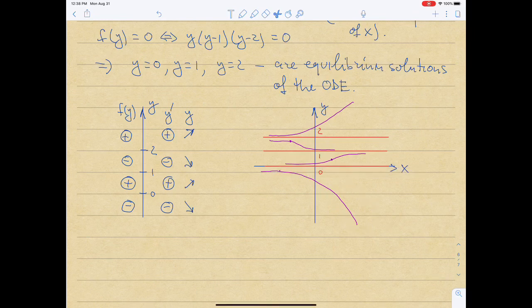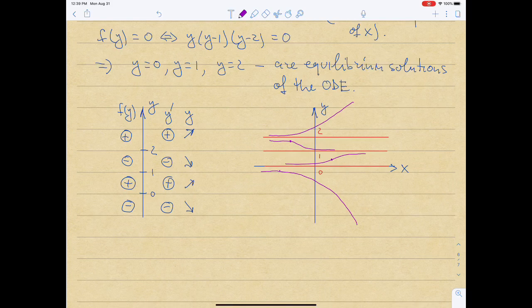So we're able to reconstruct completely the possible solutions of our ODE. And you see we ended up with 3 points. The point y equal to 2, the equilibrium solution, repels all the other possible solutions.